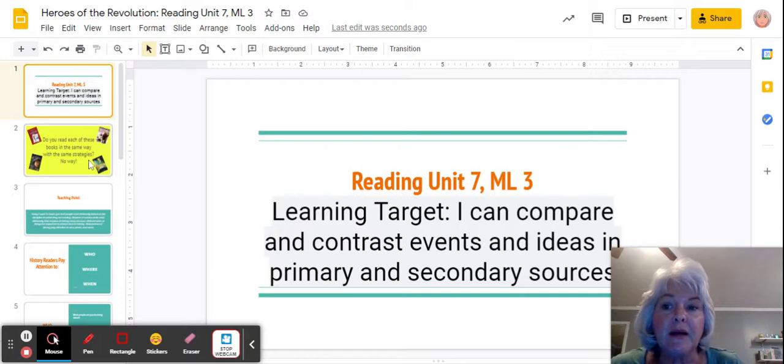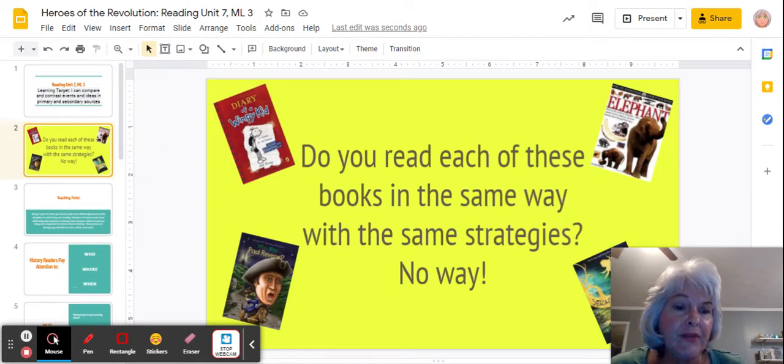So when you think about how you look at all these different texts, when we go into Epic, we were looking at the heroes of the American Revolution, and we went into Dukters. We were looking at all the different people, like Paul Revere or Thomas Jefferson. When you read each of these texts, you're thinking, am I reading with the same strategies?